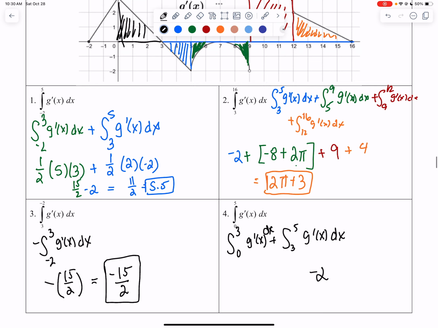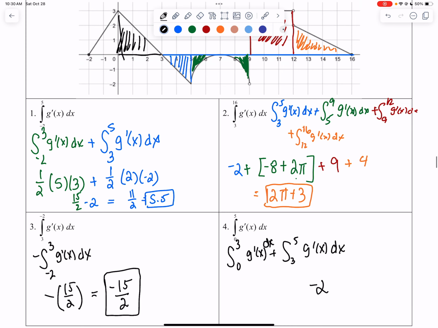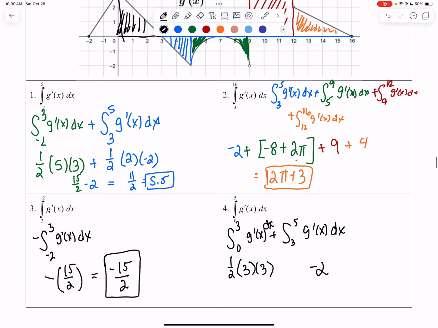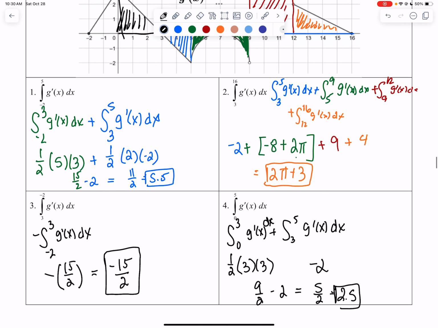So 1/2, 3 times 3, which gives us 9 over 2, minus 2, which gives us 5/2, or 2.5 as my area from 0 to 5.